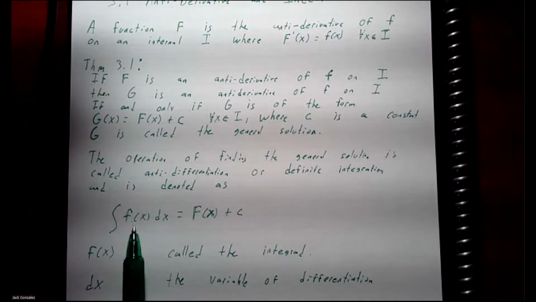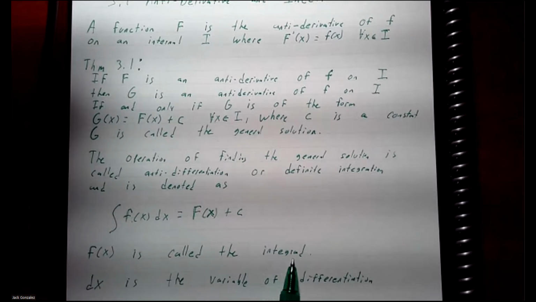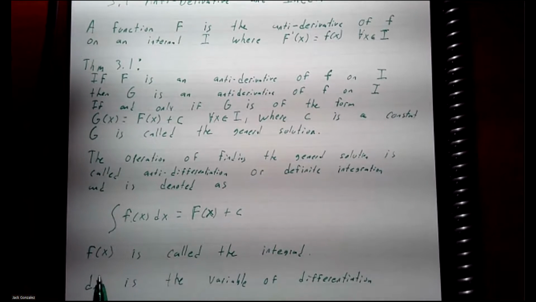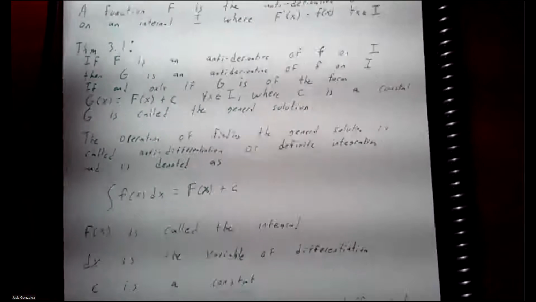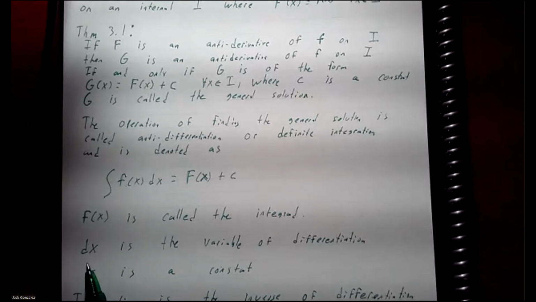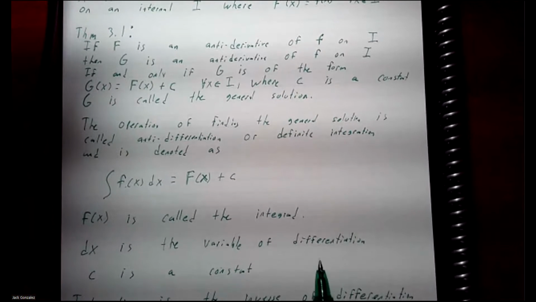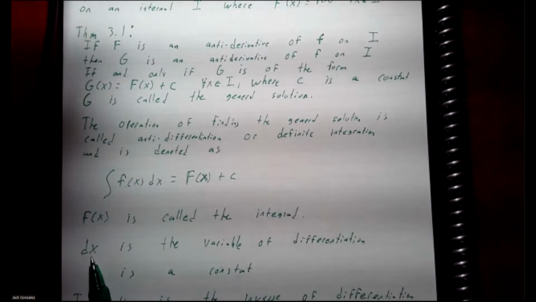We call this piece right here the integrand. That's the piece that we're integrating or finding the antiderivative of. The dx tells you what you're integrating with respect to. So it's going to be with respect to x, dx.